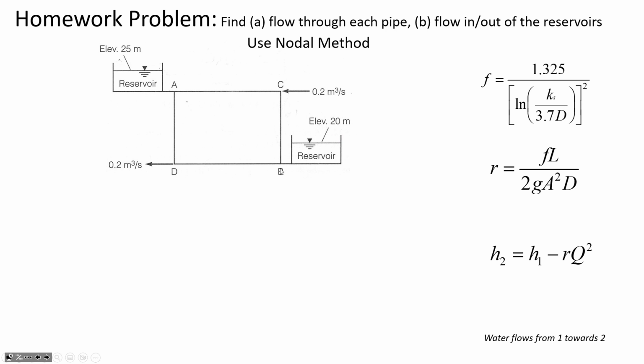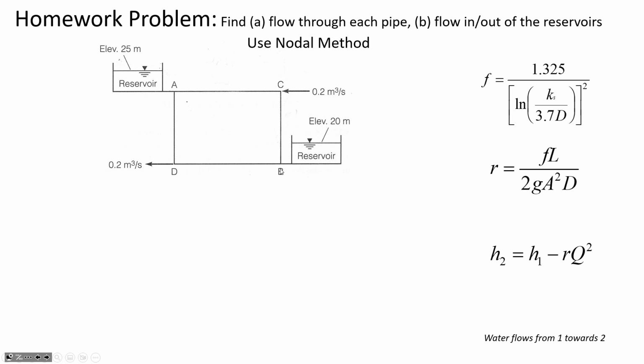So the water is going into junction A from the reservoir. We don't know, is it going like this? Maybe. Is it going like this? Could be. Or it could be up towards A and away from A at the side. The one thing that we do know is it's not that.